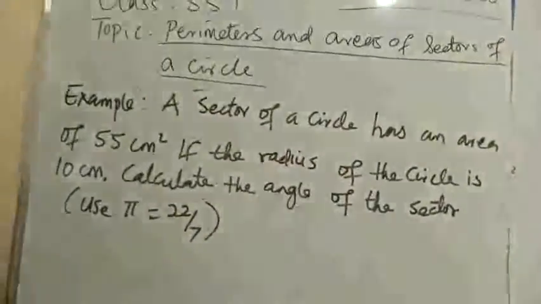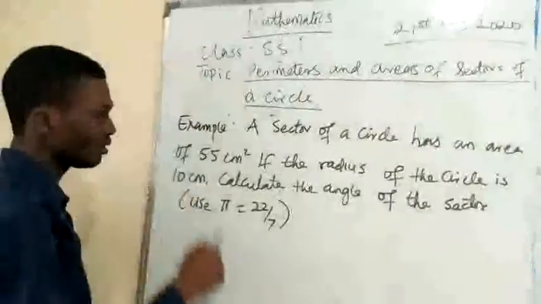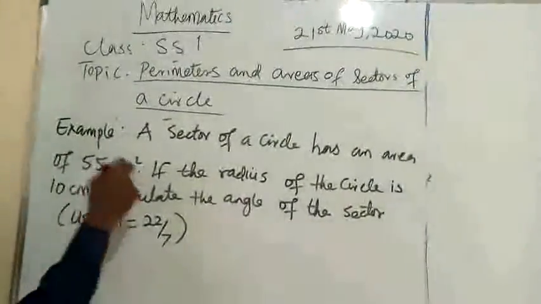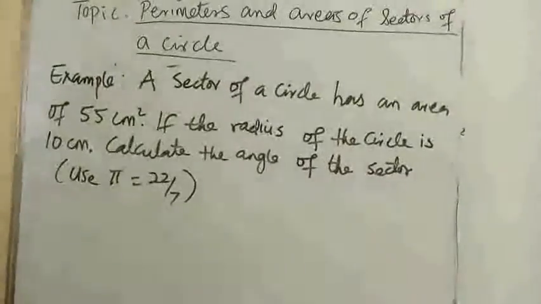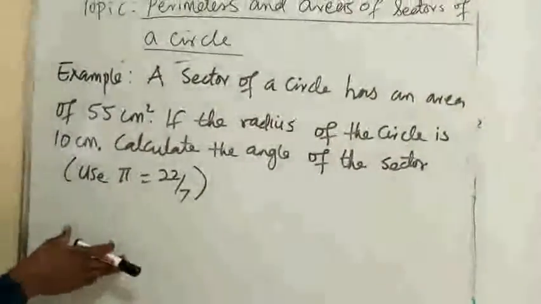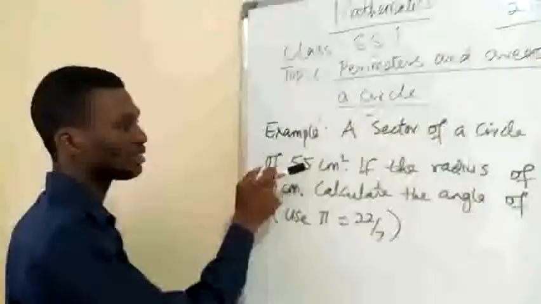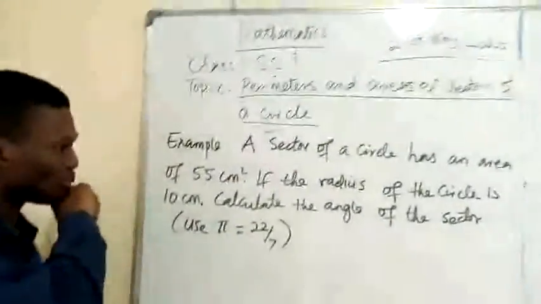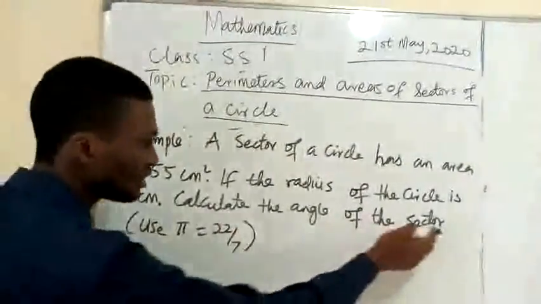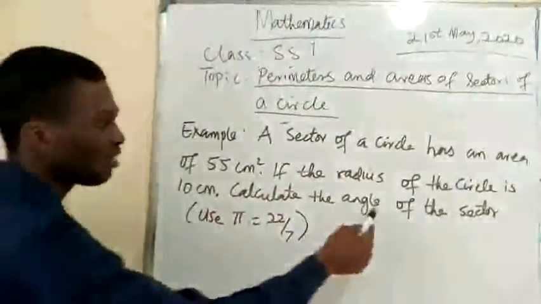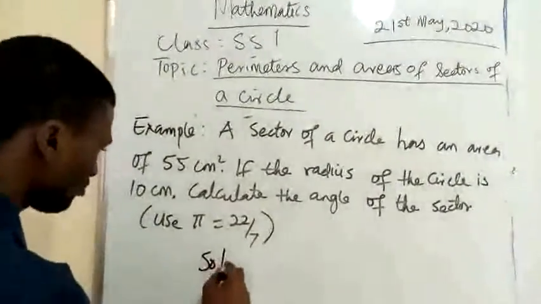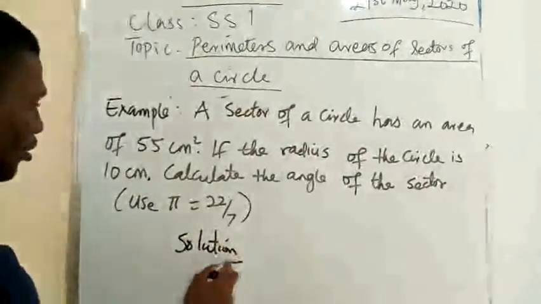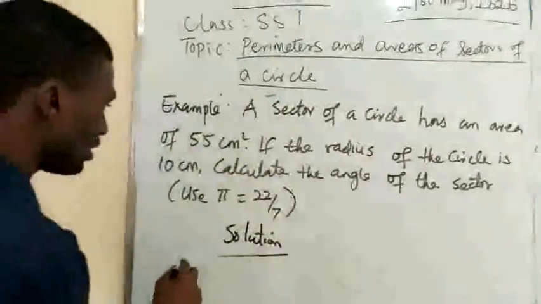A sector of a circle has an area of 55 cm square. If the radius of the circle is 10 cm, calculate the angle of the sector. In this case, we are given the area of the sector as 55 cm square, and we have to find the angle of the sector, which is theta. Theta is not given.